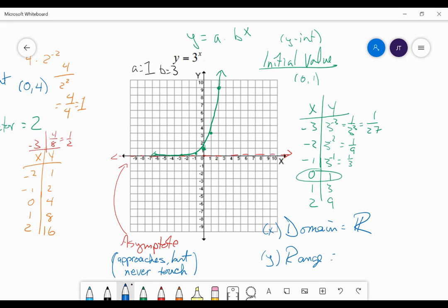So our range goes from 0, there's an arrow, keeps going up forever, to infinity. So y is greater than 0 for your range. And that is pretty much it.